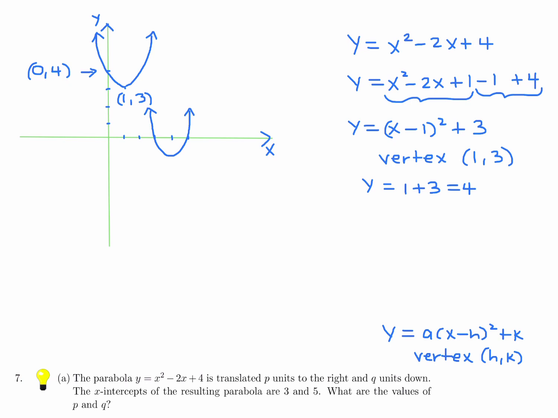This parabola basically comes over and then comes back down like that. Exact same shape, but now it's just been translated. And we have to figure out what is p, how many units it was translated to the right, and what is q, how many units it was shifted down.